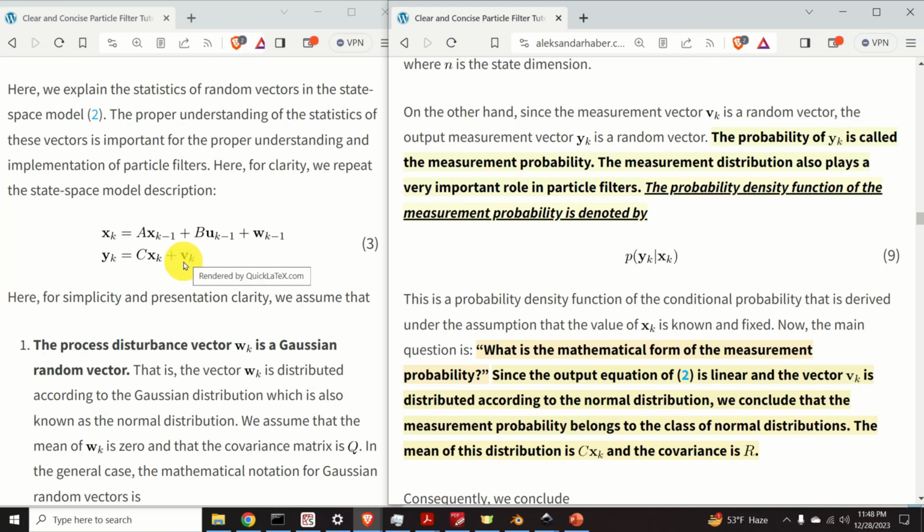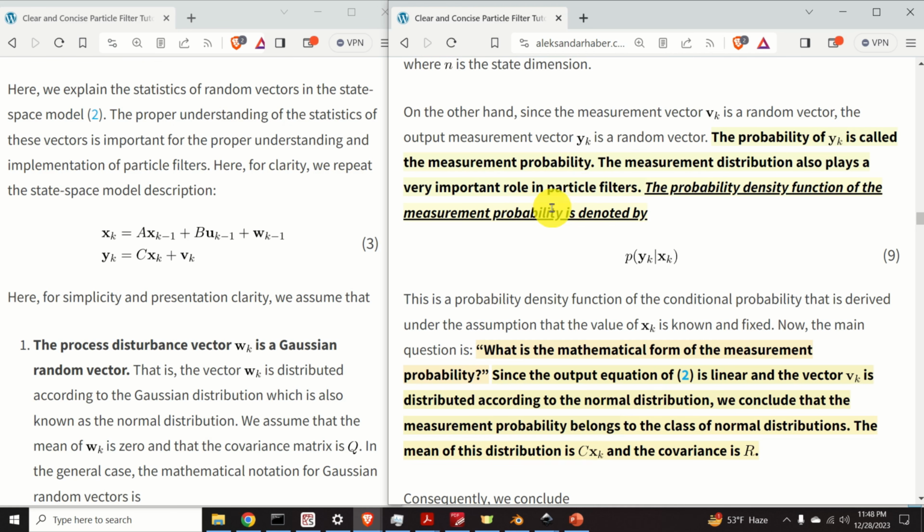On the other hand, since the measurement vector vk is a random vector, the output measurement vector yk is also a random vector. The probability of yk is called the measurement probability. The measurement distribution or measurement probability also plays a very important role in particle filters.